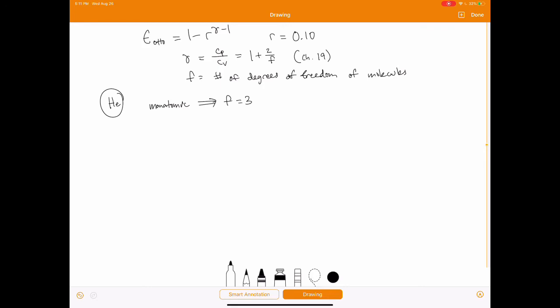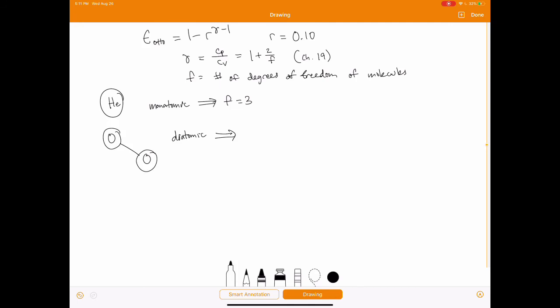F is equal to 3 for any monatomic gas. The other one was O2. So think of that as 2 oxygen molecules connected by a bond. This is a diatomic gas. And a diatomic gas has more degrees of freedom.